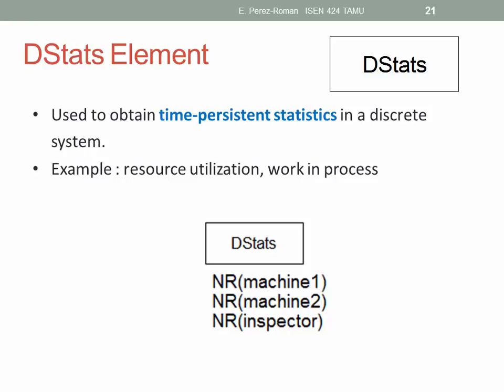And TNEG is for the average across replications for tally statistics.